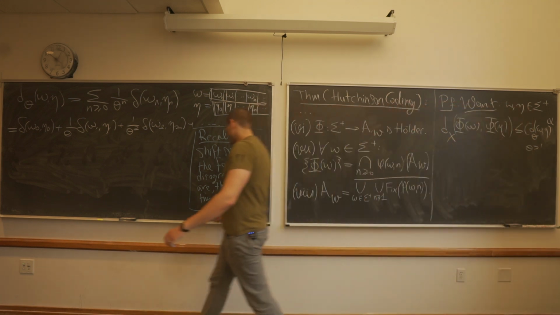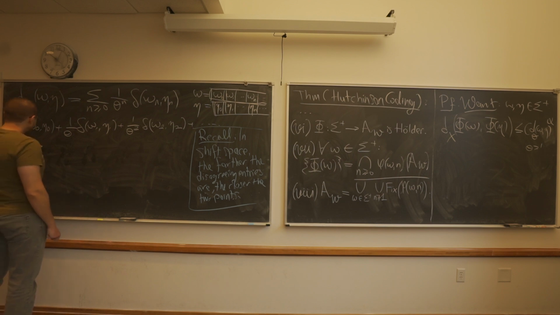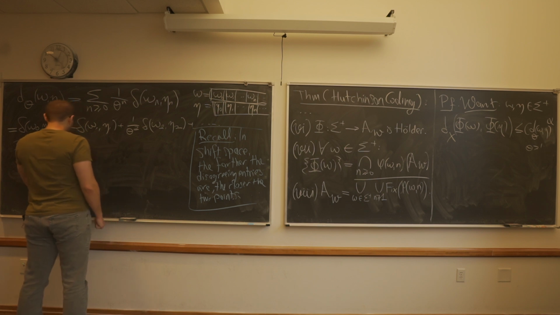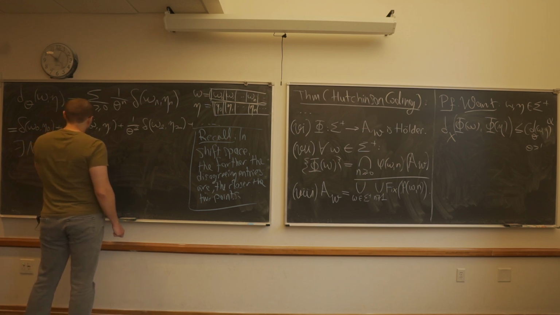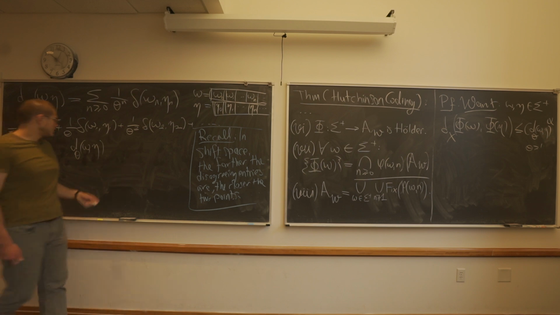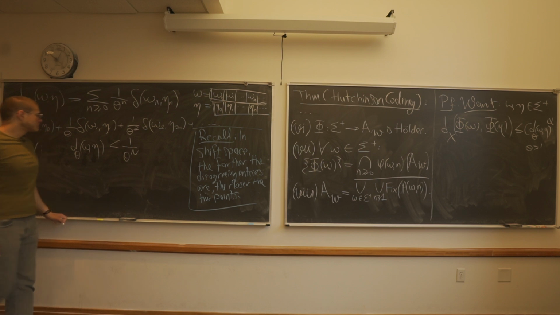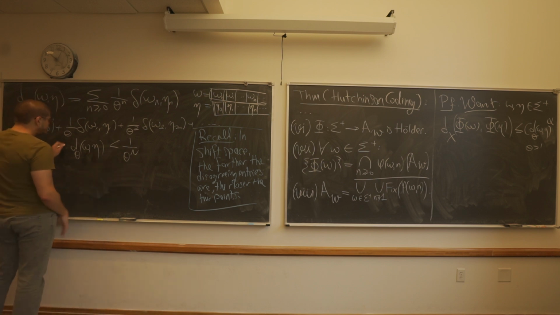In any event, given any 2 points in sequence space, I can always find some integer n such that this distance is less than 1 over theta to the n, and it is at least 1 over theta to the n plus 1.